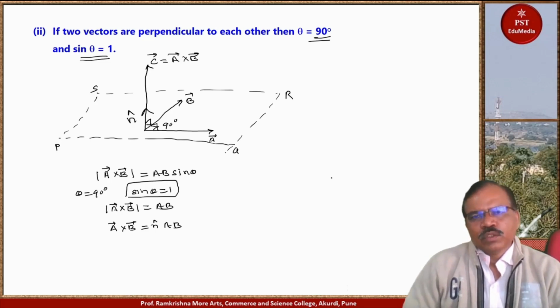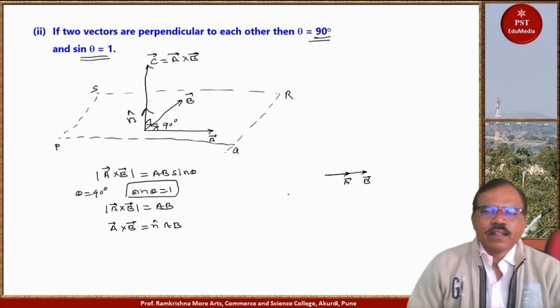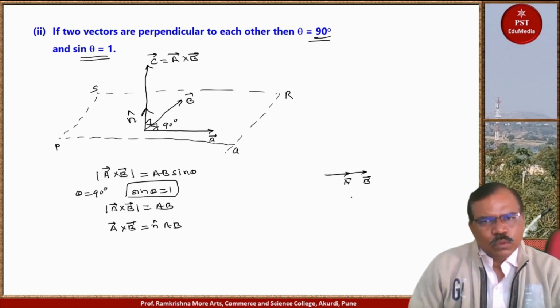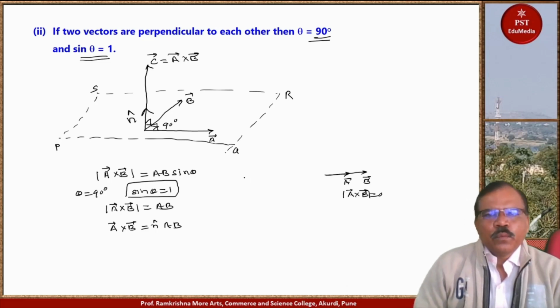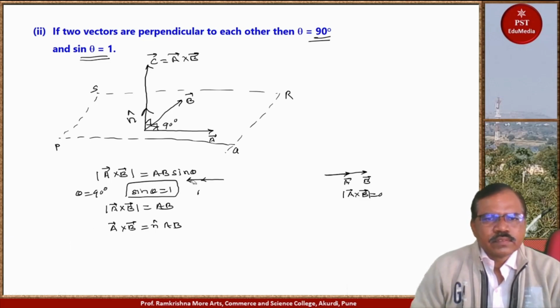So see here, when two vectors, vector A and vector B, are parallel to each other, A cross B is 0. Magnitude is also 0. When they are anti-parallel, so I will erase this whole.